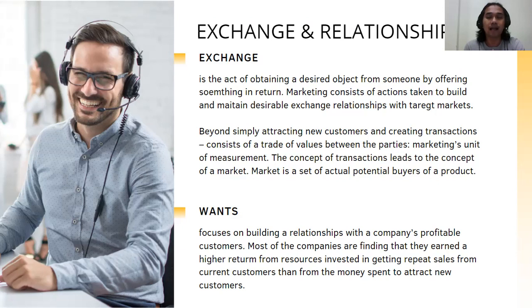It is said that attracting a new customer base is more expensive than spending your effort on your current customer base. Why? Because your current customer base is already loyal to the brand.